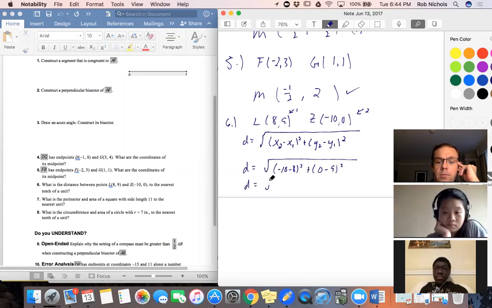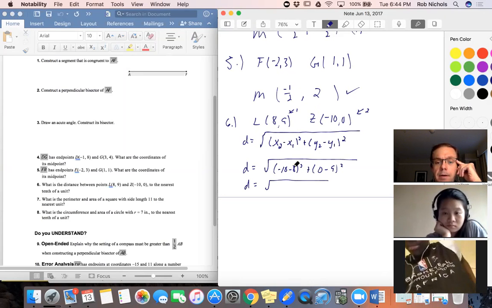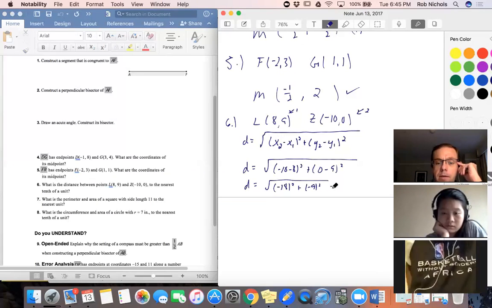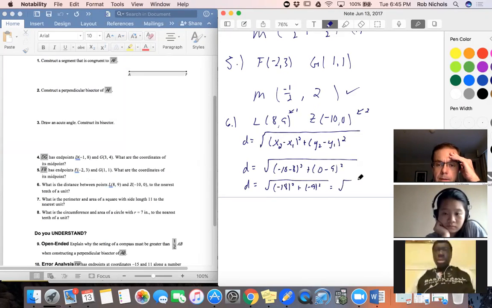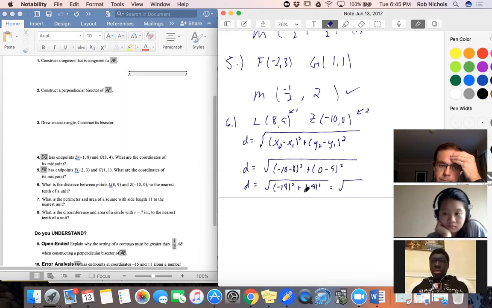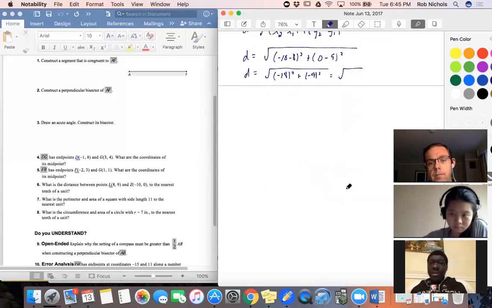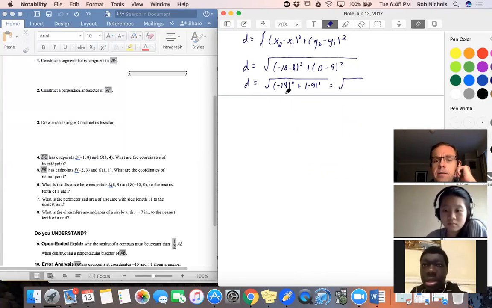That's negative 18 squared plus negative 9 squared. So negative 18 squared, what's that going to give us?